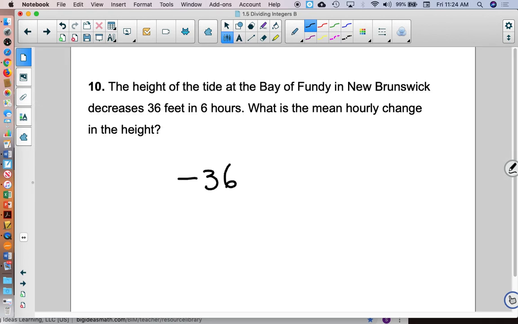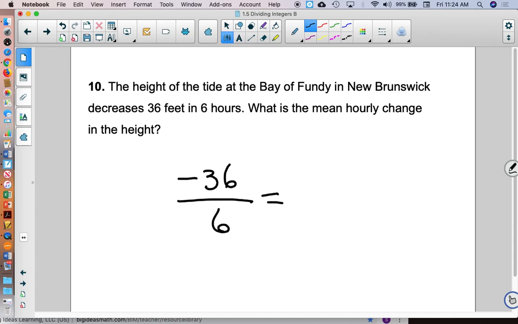And if I want to know what its mean hourly change is, what the average is per hour, how do I determine it? How do I solve it, Jorlin? Division. Divide it by what? Divide by 6.